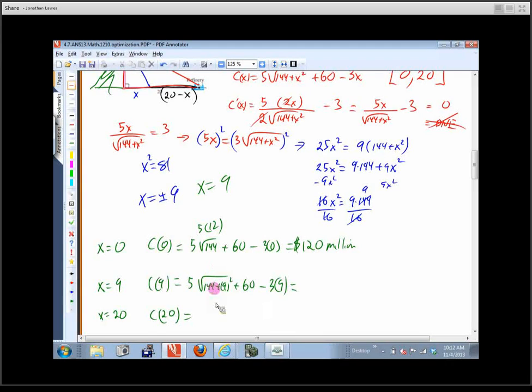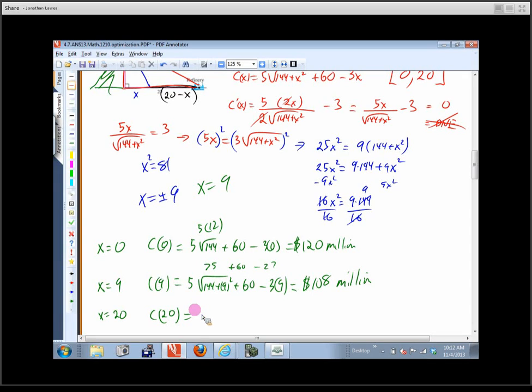So let's see, that's going to be square root of 225? So this is going to be 75 plus 60 minus 27, is that right? So what do I end up with there? Okay, so 108 million, okay? So we've already saved some money here. We've saved about $12 million by landing 9 miles downshore from straight on shore.